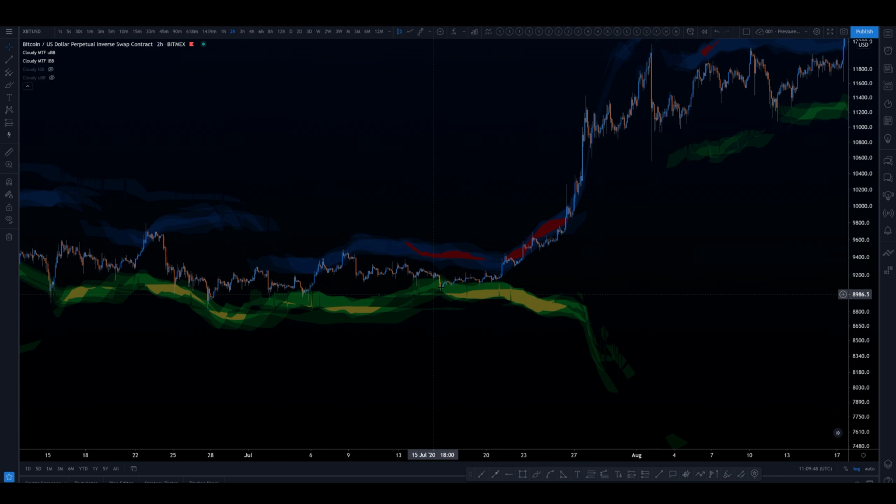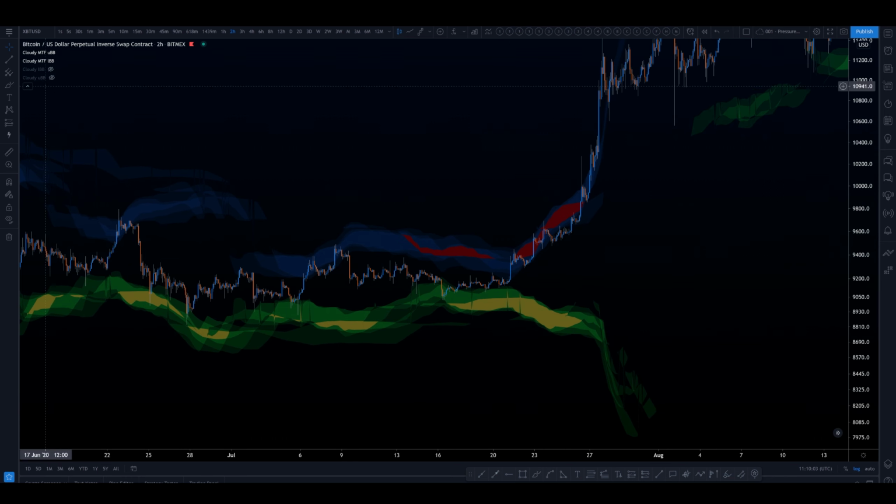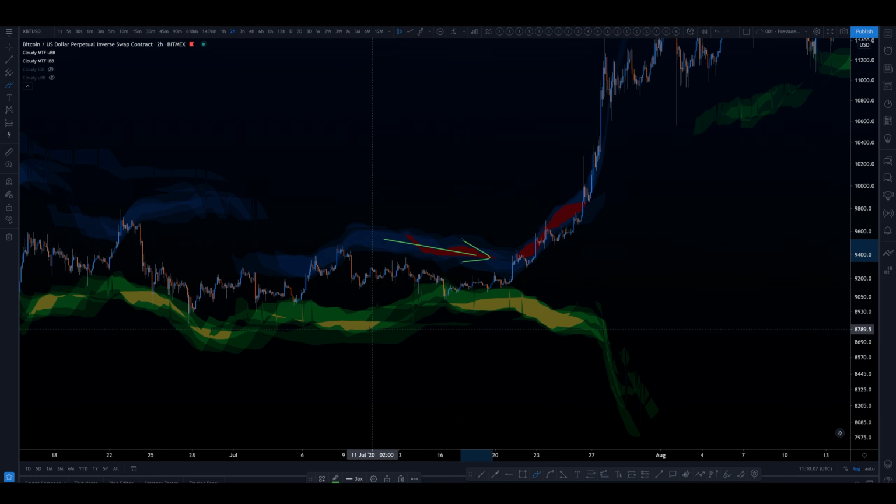So as you can see, we have different colors, and price is being rejected at resistance, at range resistances. It's coming back to the range support, finding support there. And at some point in time, support and resistance starts converging pretty strongly, and we do have a zone where support and resistance is very close to each other.